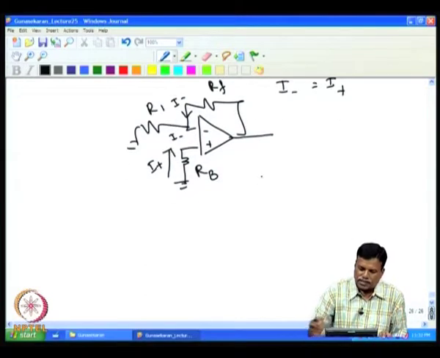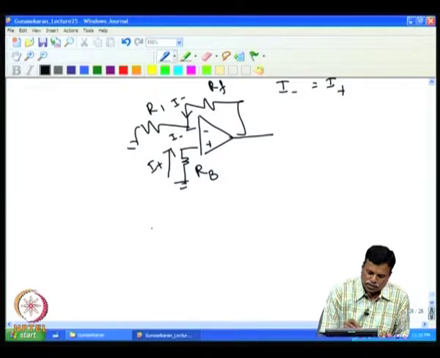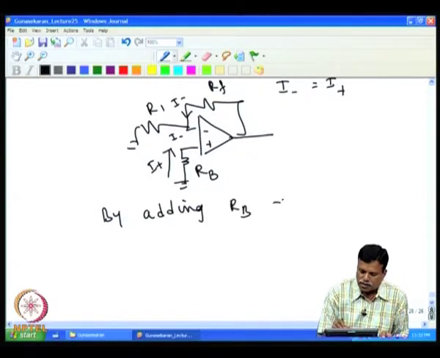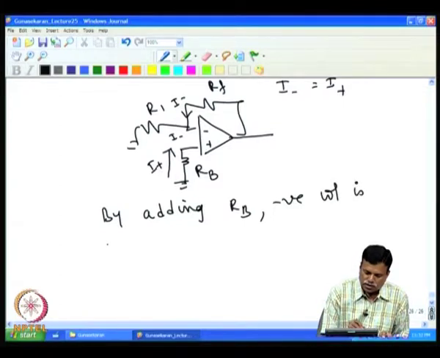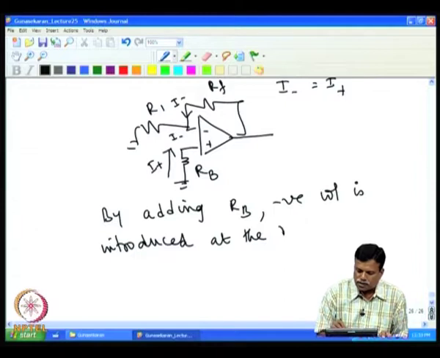So, by adding this resistance RB, a negative voltage is introduced at the non-inverting input.